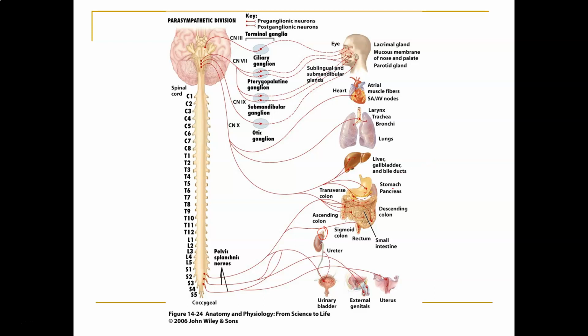Also, most of your blood vessels, the smooth muscle in the wall of them that controls their diameter and thus your blood pressure, is mainly controlled by sympathetic in the body. Although it's hard to generalize and say that the sympathetic always constricts or dilates the blood vessel, because it's different in different organs. So we won't be going into that at this point yet. But in general, blood vessels are controlled by sympathetic.